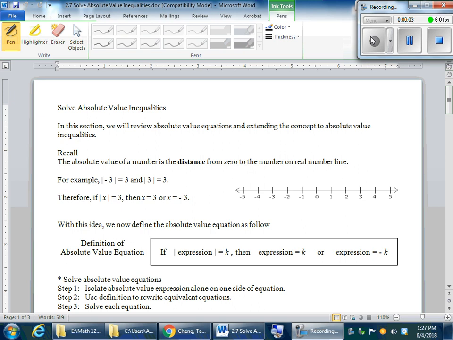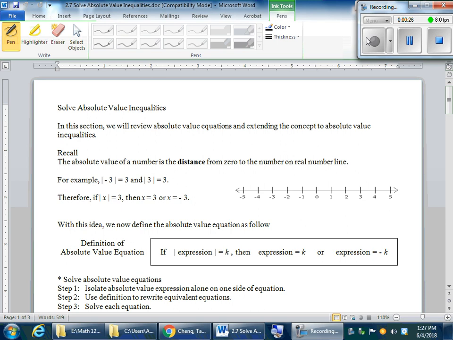2.7 Absolute Value Inequalities. But in this section, we will also talk about absolute value equations. Okay? So absolute value equations, we saw that in elementary algebra. That's basic absolute value of a number. It basically means the distance from 0 to that number.